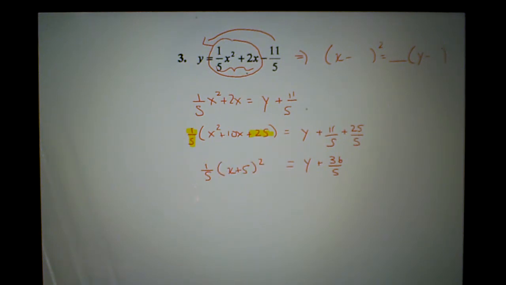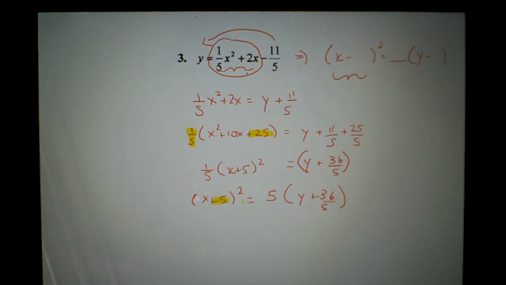Look where we want to go. Up here is where I want to go. I have the x stuff squared, but I have a multiplier in front I don't want, and I need a multiplier in front of this. So now I see all the information I want.